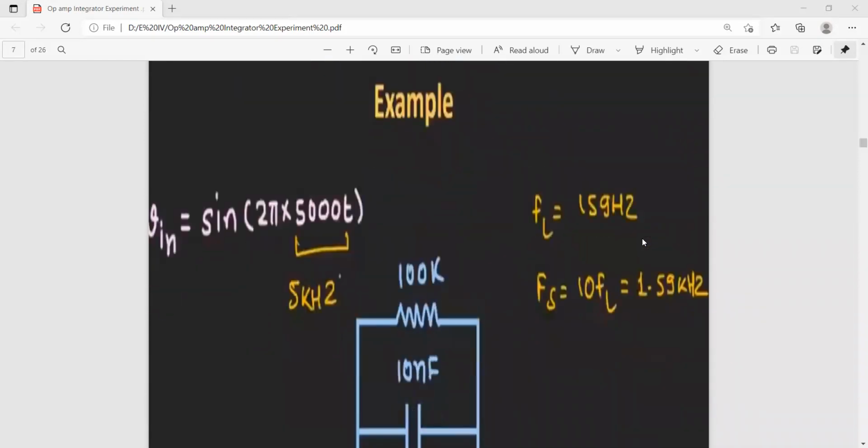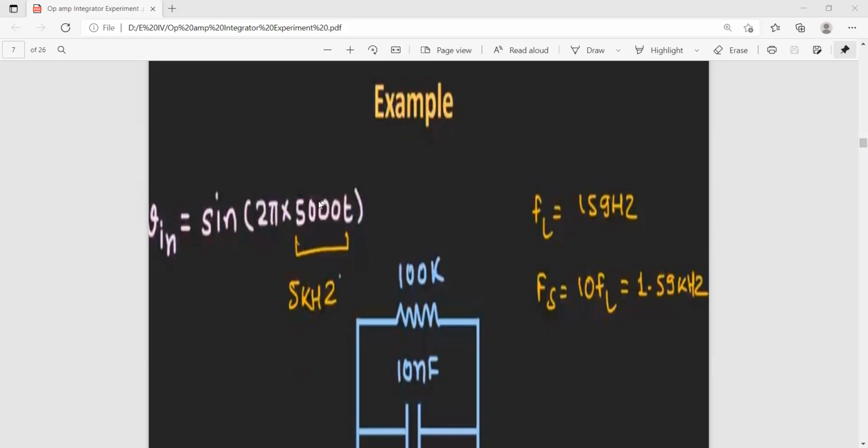Now you can see this is a sinusoidal waveform we have to apply, in the format sine 2 pi omega t, where omega belongs to the frequency component. Approximately here it is 5 kilohertz. Therefore your FL is equal to 159, and 10 times FL is 1.59 kilohertz.